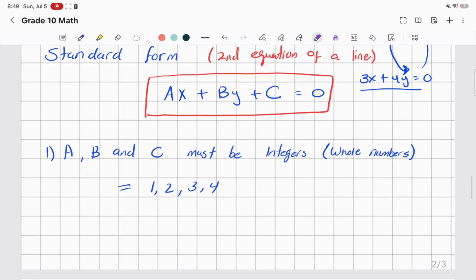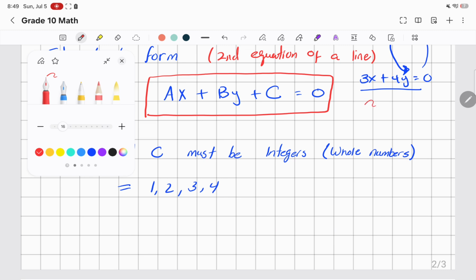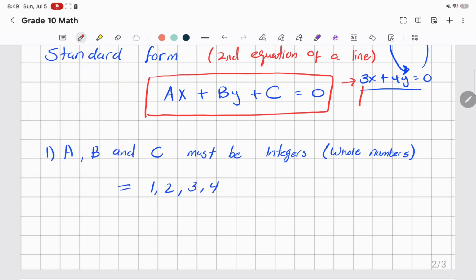The first rule is that a, b, and c must be integers. So in this example, I forgot to mention that 3 will be your a, 4 will be your b, and c will be 0 in this case. But just for the sake of this example, let's fix that.